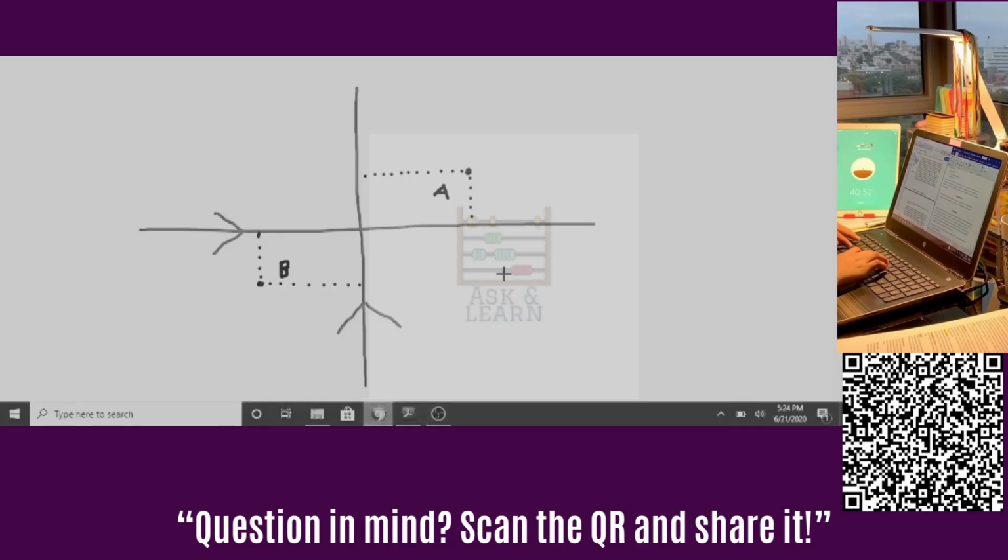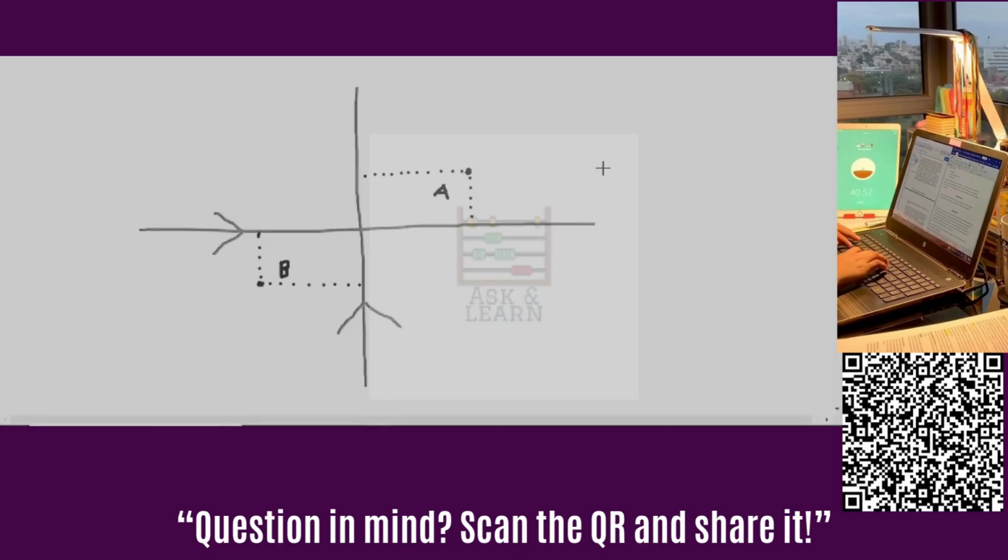Okay, so this is the setup that we have for our situation here. We have two intersecting wires that are completely perpendicular to each other. Then we have points B and A here. These points are a distance x from the vertical wire.